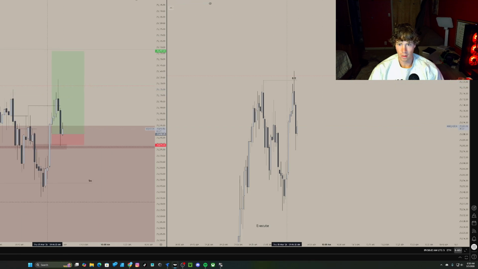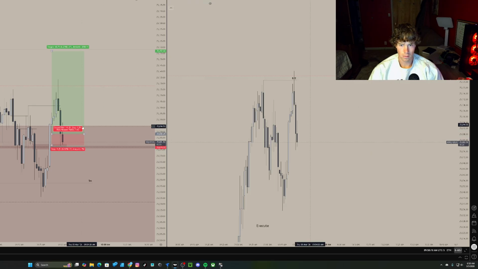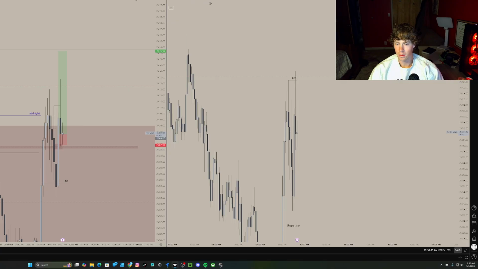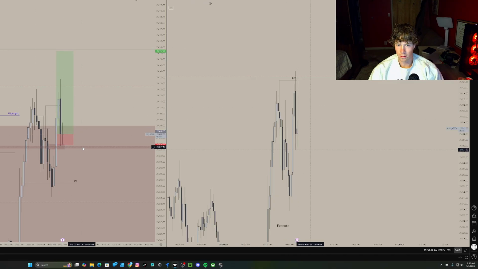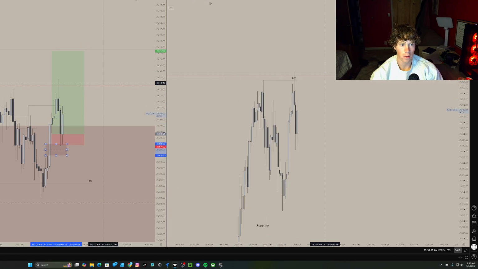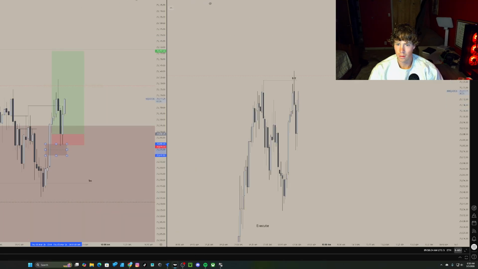Now we're getting a retracement lower, and I do think we continue to go higher, unless obviously we get some sort of reversal. But anyway, now we're getting a 30-second up. Get in here again.